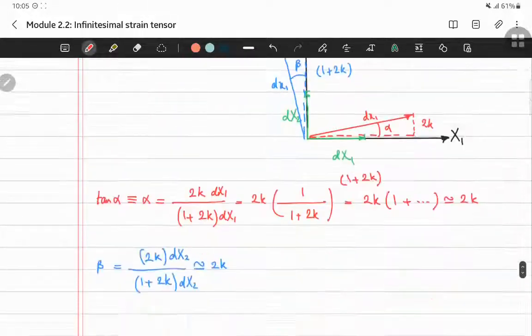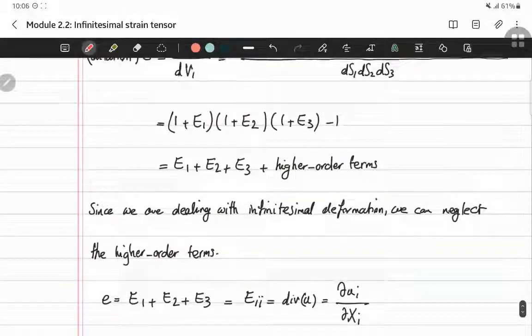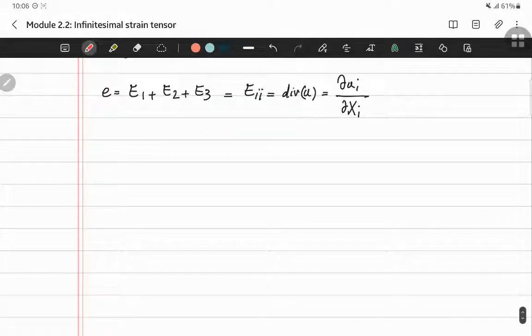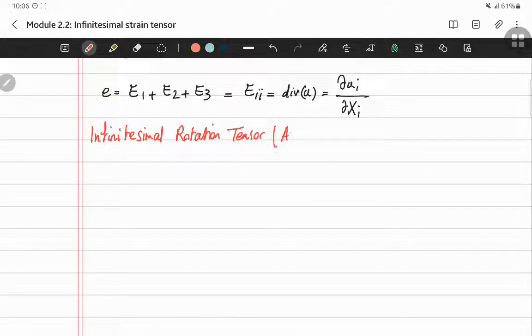The anti-symmetric part of the displacement tensor is called the infinitesimal rotation tensor, or simply the anti-symmetric part of del u, the displacement gradient.